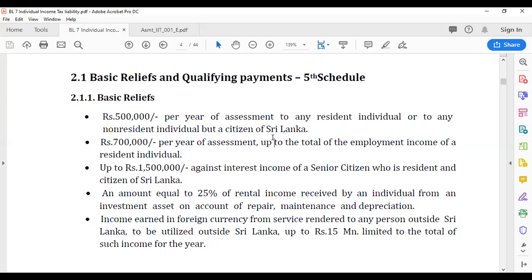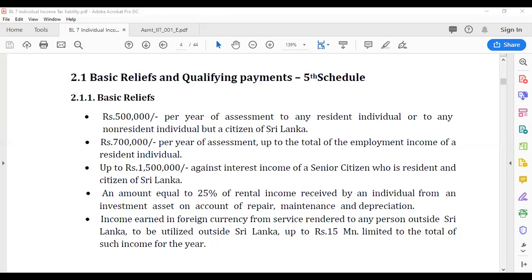Then up to 1.5 million against interest income of senior citizens who are resident and citizens of Sri Lanka. Who is a senior citizen? Normally we say senior citizen. What is the age? Above 60 years old. 60, or 59, I think. 59, right? Senior citizen.